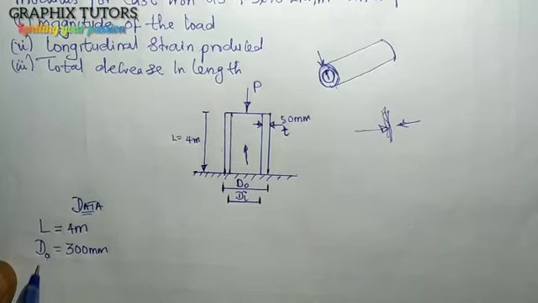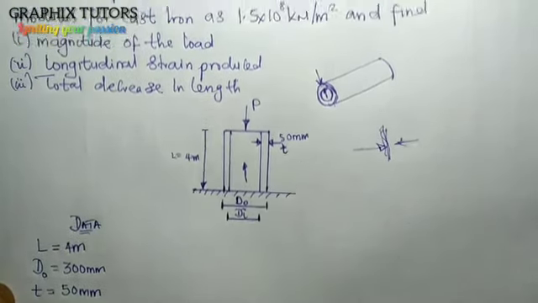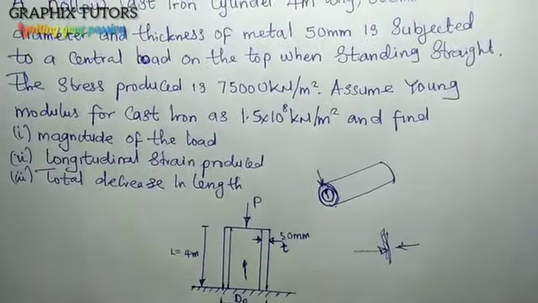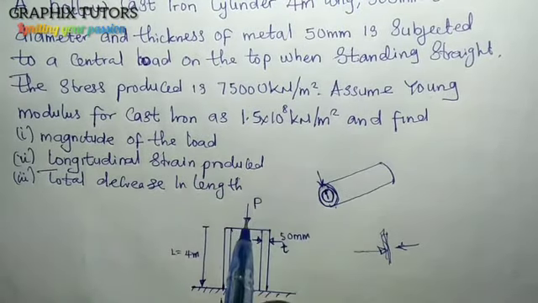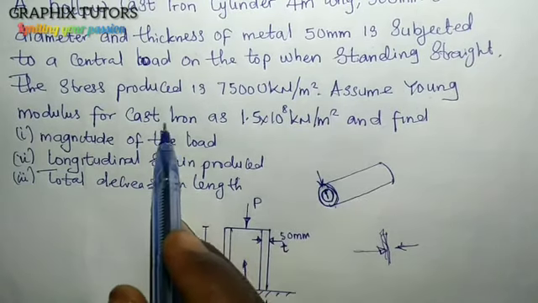And the thickness T is given as 50 millimeter, right? And in the question we are told it is subjected to a central load on top of it. So this load is applied when it's standing straight.